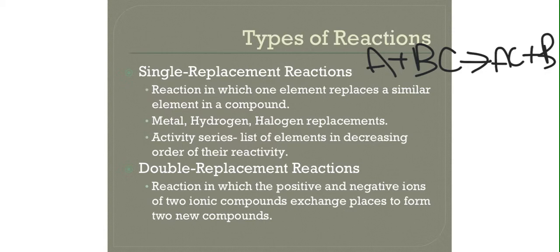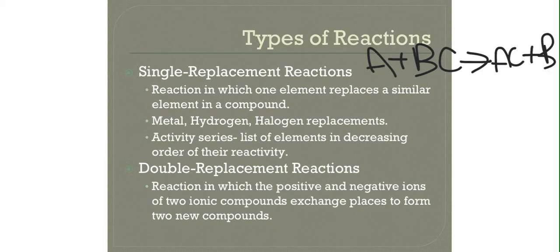So when it comes to halogens, the reactivity is really the most important part. Remember, as you go down a group, the reactivity becomes less. So fluorine is the most reactive halogen, while iodine is the least. And so when we're talking about replacing these, it is the most reactive element that will do the replacing. And again, I am going to show you an example of this, so don't freak out.